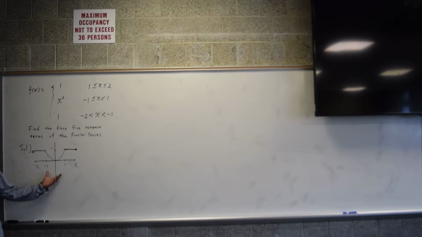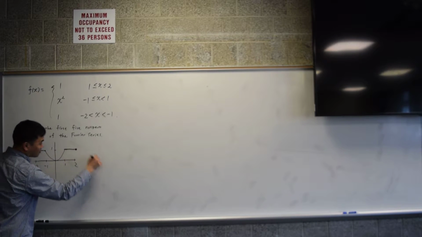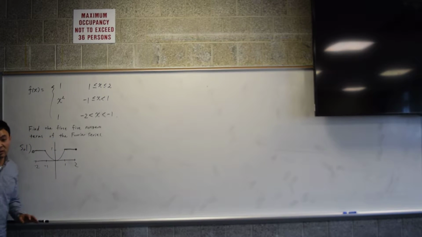However, if you take the Fourier series of this, then it means that you're trying to make a periodic function out of it. So you're going to get this, this, this, then this, and it's going to repeat. Okay, so that's the function that you're thinking of. And by the way, the resulting periodic function is continuous everywhere. Therefore, the Fourier series will be exactly matching this function.